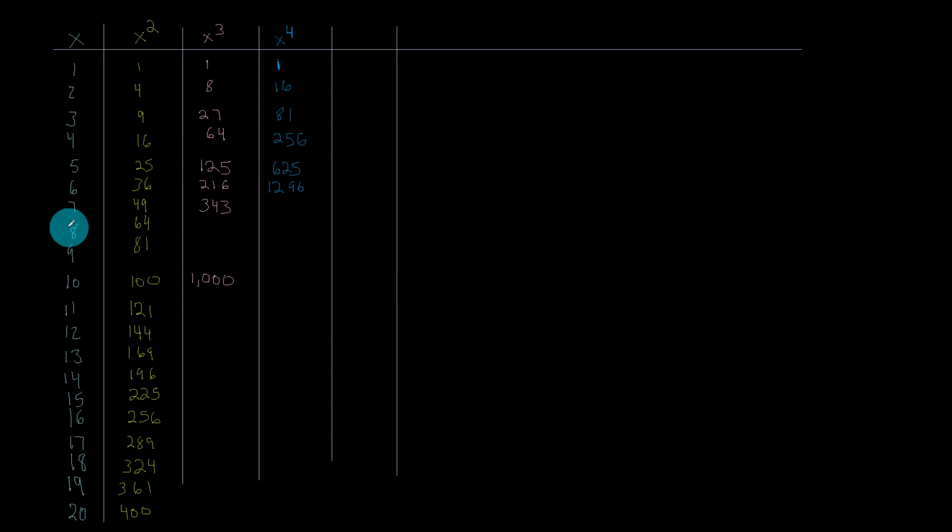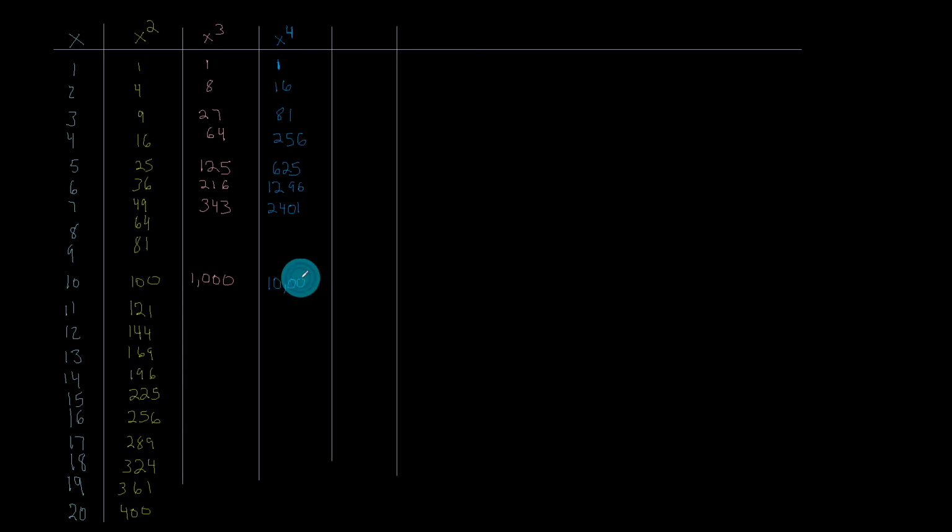And 7 to the 4th power, or just 343 times 7, will give you a value of 2,401. Okay, from here, let's go down to 10 to the fourth power. Well, 10 to the fourth power, or just 1,000 times 10, will give you a value of 10,000.